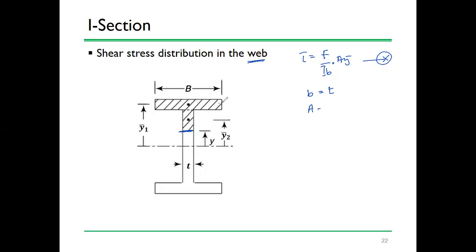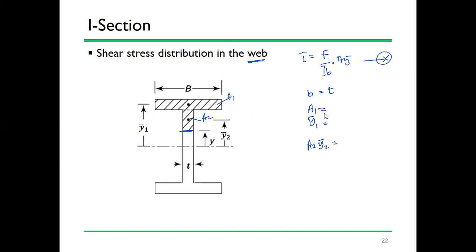Because we have two parts, we can have A1, we can have this to be A2, because it's kind of a complex figure. I can't find the area very easily. So in this particular part, we need to be able to find A1, Y bar 1. And then we'll find A2, Y bar 2, because we have divided it into two parts.